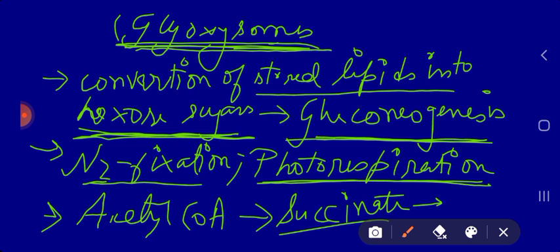So this was about the glyoxysomes. Now we will talk about the peroxisomes.